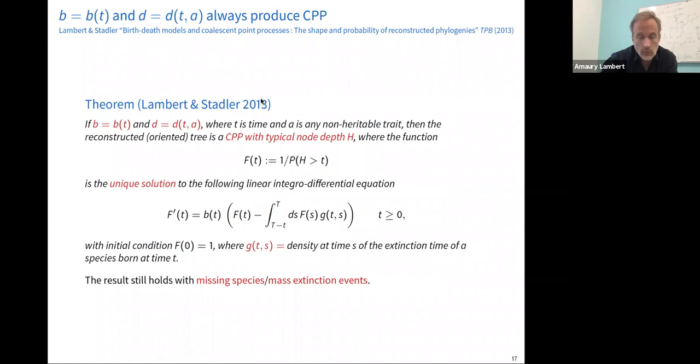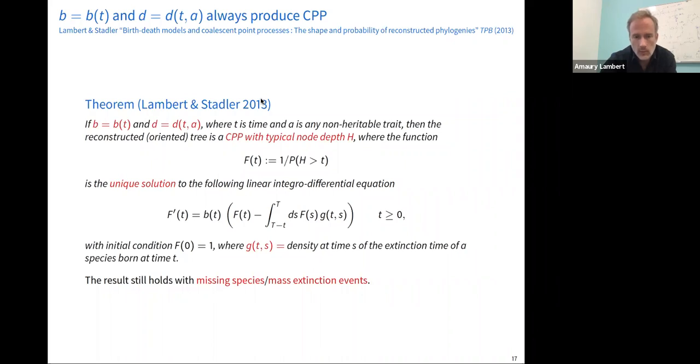So then the theorem is a little bit more precise than that. It tells you how the law of H can be deduced. So the law of the node depths of these trees can be deduced from the ingredients of the model.